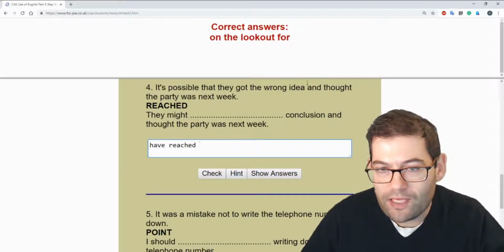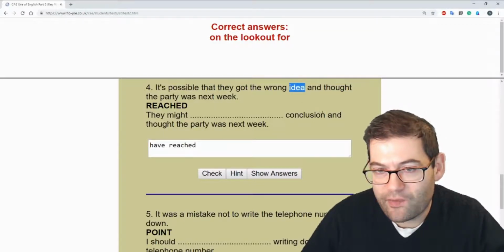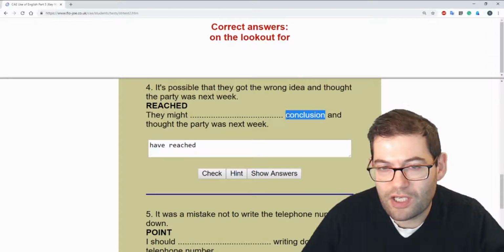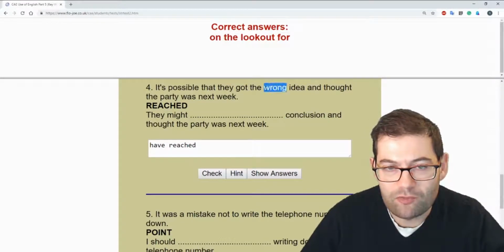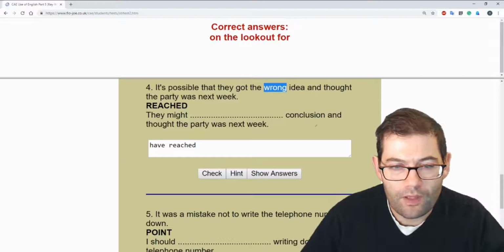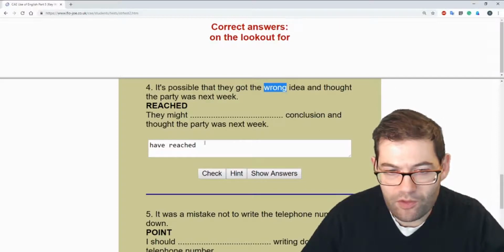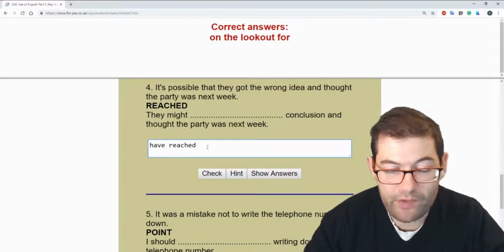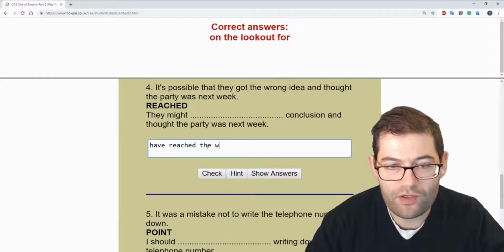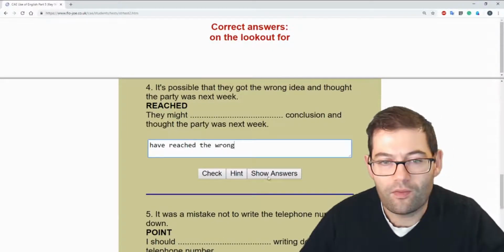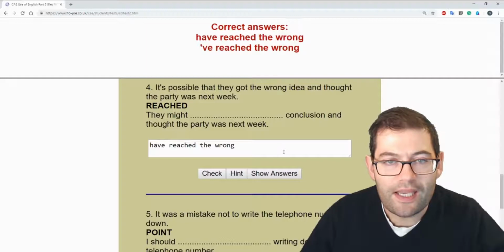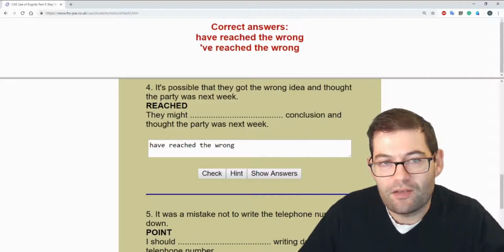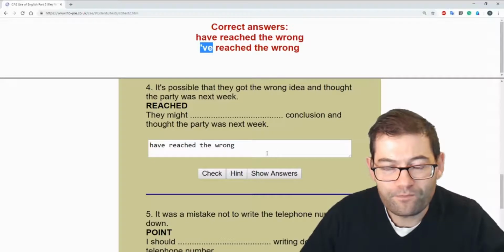Now we know that idea is covered by conclusion, so we've got to cover in our answer wrong, so it fits conclusion. And of course we can use exactly that vocabulary. They have reached the wrong conclusion and thought the party was next week, and you can see that's the answer. You can see that we've got a contracted form here, that's also okay.